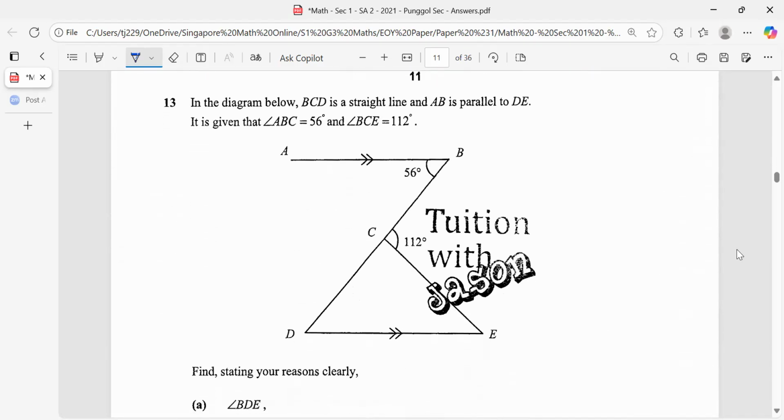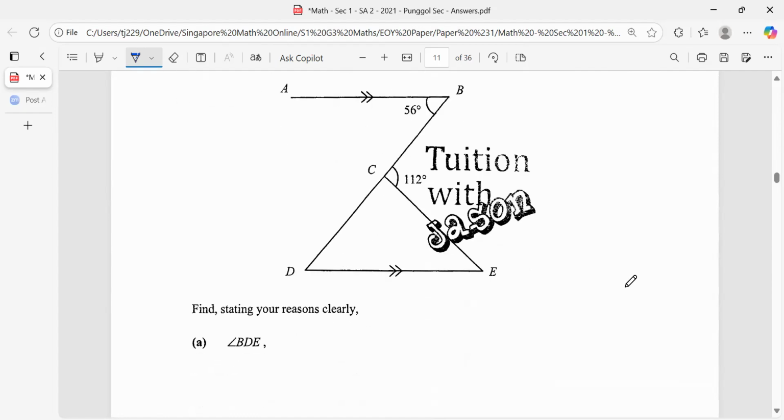All right. So question 13. In the diagram below, BCD is a straight line and AB is parallel to DE. Given that angle ABC is 56 degrees and BCE is 112 degrees, find, stating your reasons clearly, angle BDE. So BDE will be this angle over here.